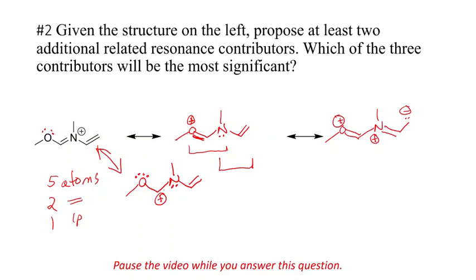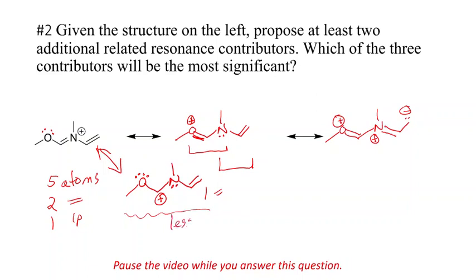And this actually is the resonance contributor most organic chemists would probably write as a significant, but maybe not the most significant contributor. Because after all, now we only have 1 double bond. And so because we lost the double bond, this is not going to be the most significant.